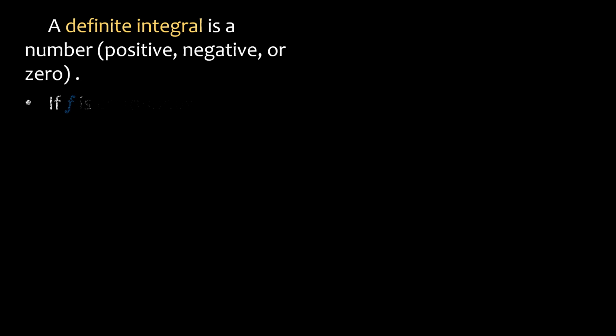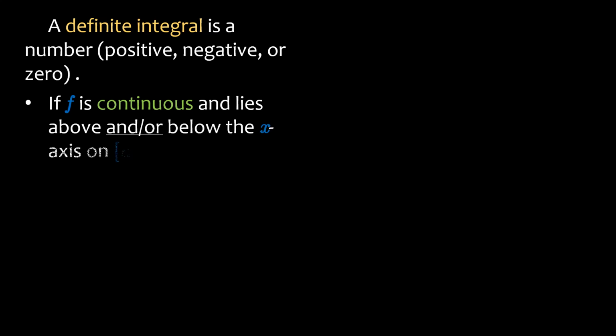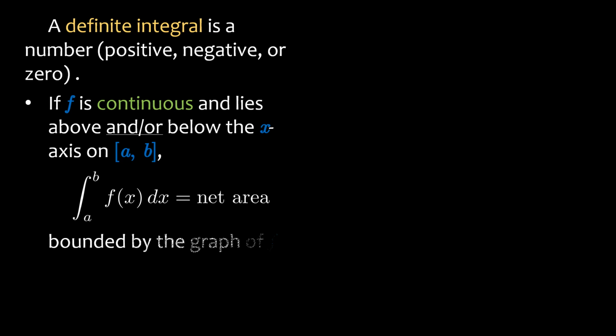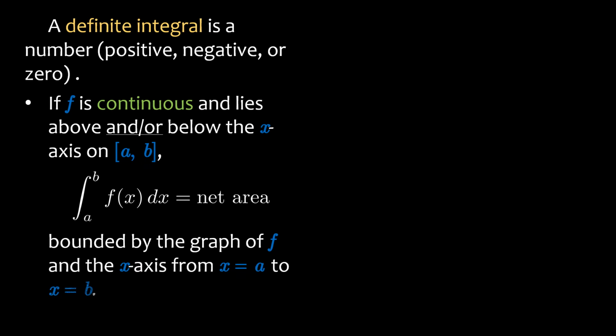If f lies above, f of x is greater than 0, and or below, f of x is less than 0, the x-axis on a, b, the definite integral can be interpreted as the net area bounded by the graph of f and the x-axis from x equals a to x equals b. Consider again the following figure.